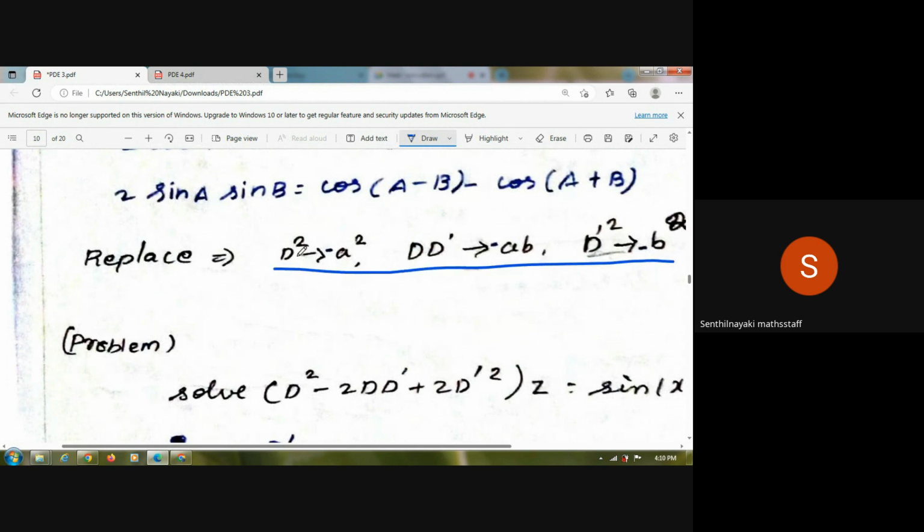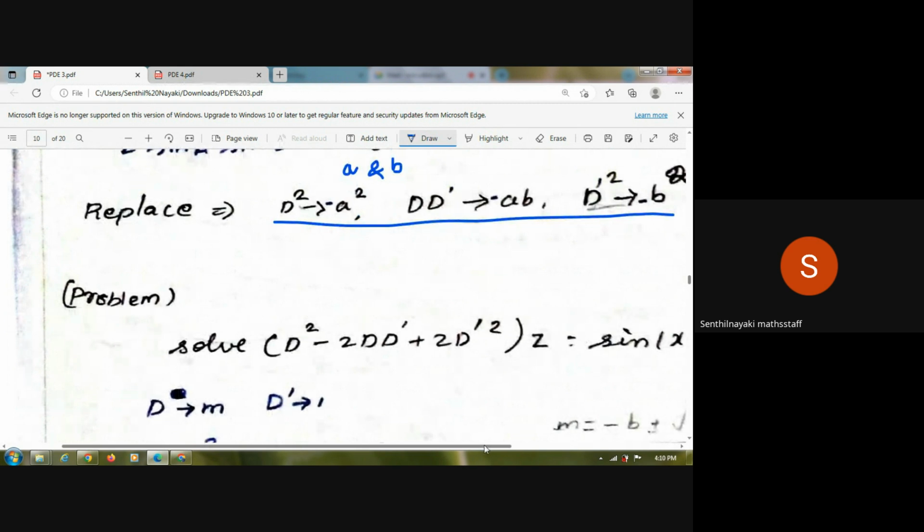The first one is D squared, which is replaced by minus a squared. Using a and b, we find D squared, DD dash and D dash squared values: D squared equals minus a squared, DD dash equals minus ab, D dash squared equals minus b squared. Simply we can find all these values.